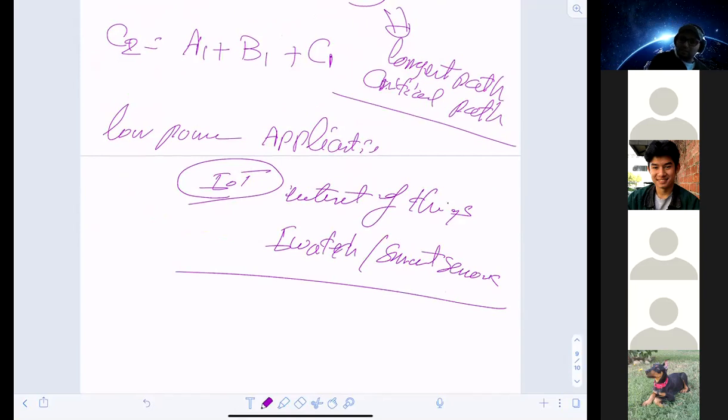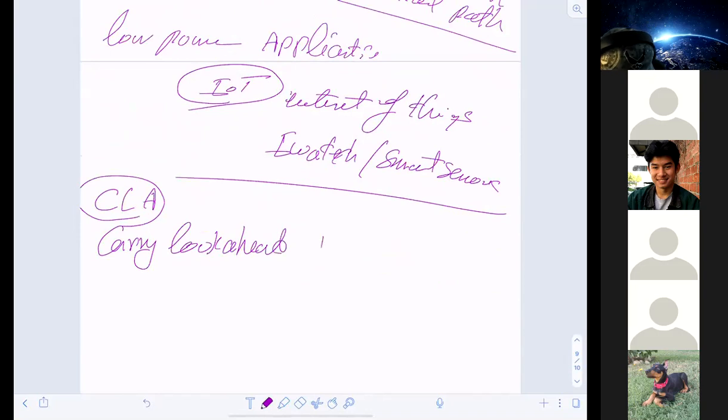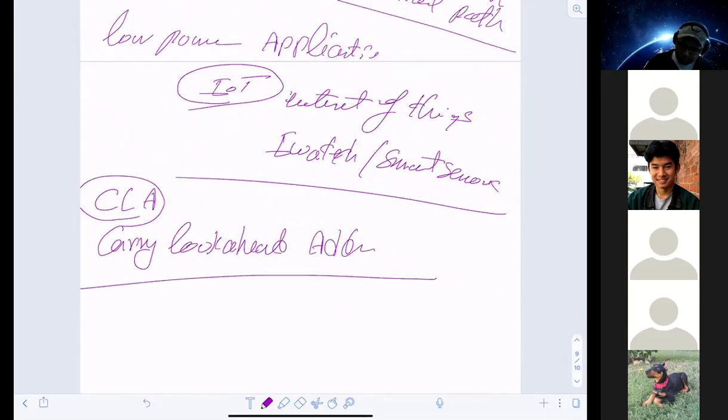There is another design called CLA, which stands for carry look ahead adder. This one costs you more gates, but it will be more optimized in terms of performance.